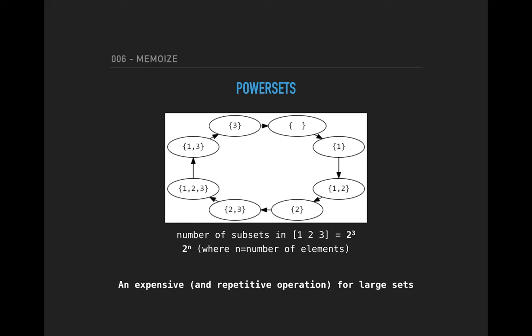One is the set itself, 1, 2, 3, and the other is the empty set. And all the other combinations of 1, 2, and 3 are taken in such a way that each subset is not overlapping with any other, so they are all distinct subsets. There are 2 to the power of 3. More in general, there are 2 to the power of n subsets in the definition of a power set.